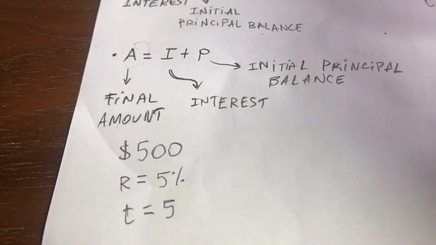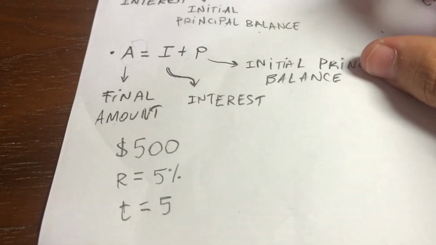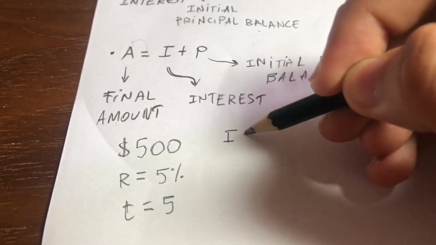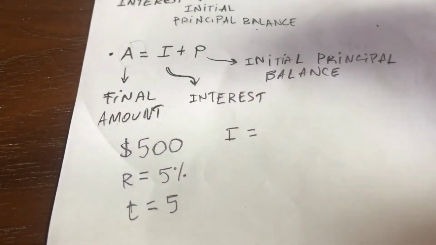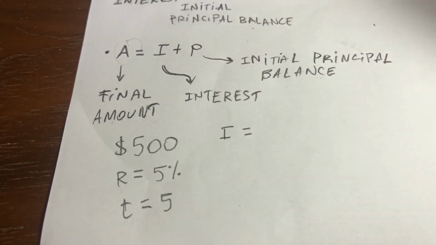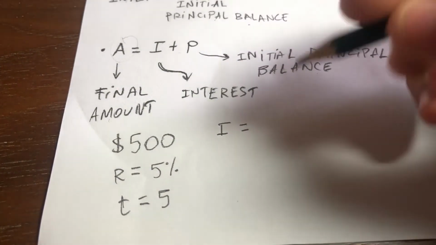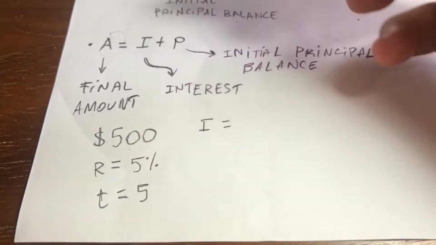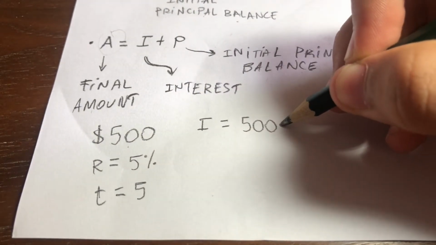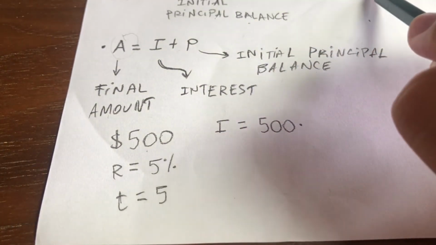How much will the bank earn in this operation? So the interest, that is the margin, the difference between what I'm going to pay and what I have borrowed, is going to be equal to the initial balance, $500, multiplying my annual interest rate.